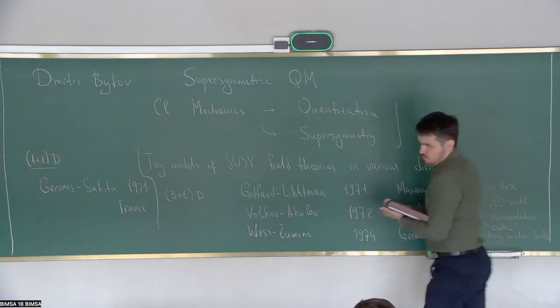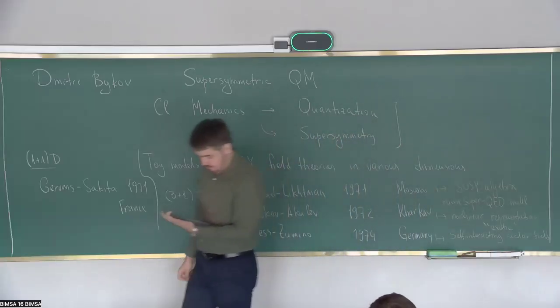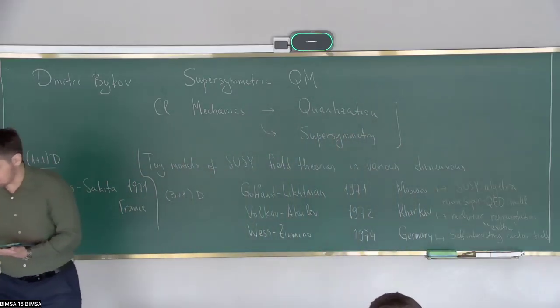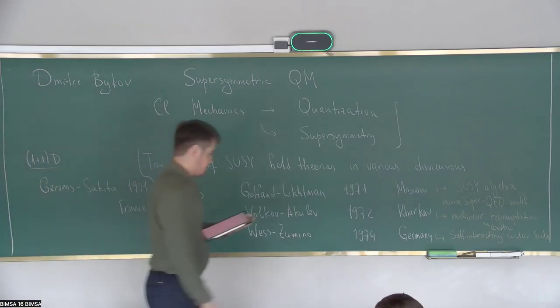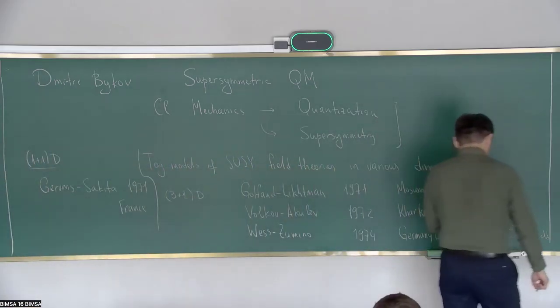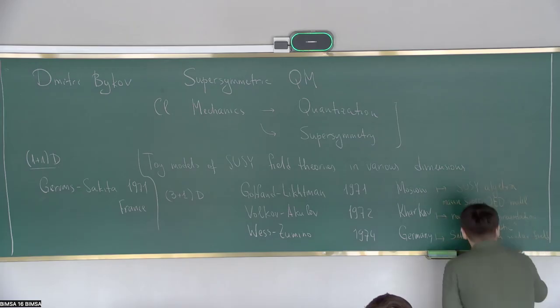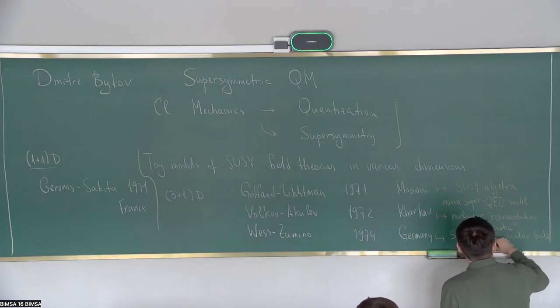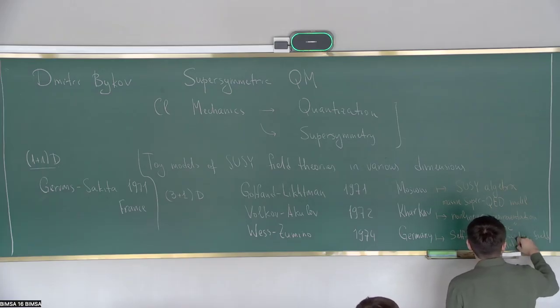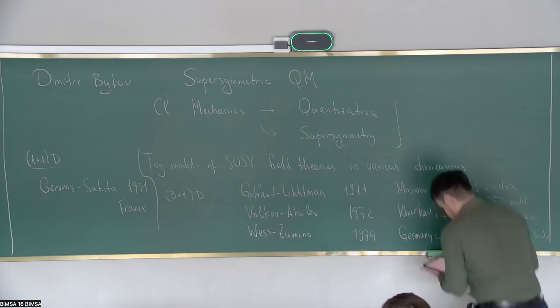So something like phi to the 4th theory with supersymmetric partners, some supersymmetric generalization of phi to the 4th theory. And then in a subsequent paper, they found also the models with gauge fields.